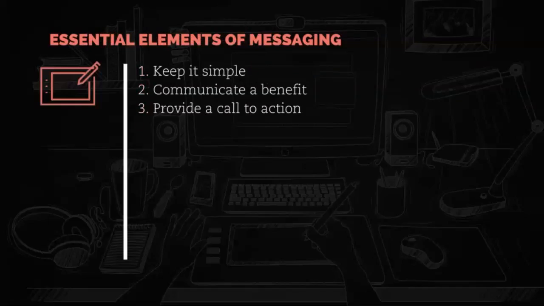We don't need an entire page of information that can be simply conveyed in 5 words. Whatever we're doing, our messages have to communicate a benefit to the community, a benefit to the individual, a benefit to the nation. The third element is it must provide a call to action.